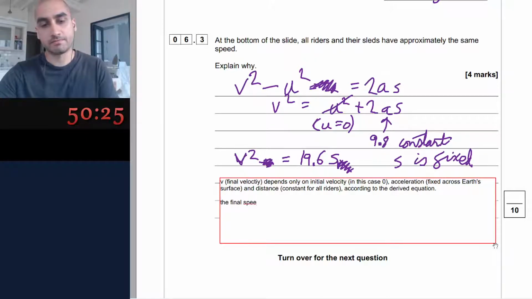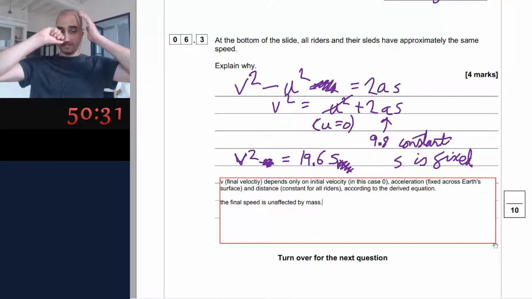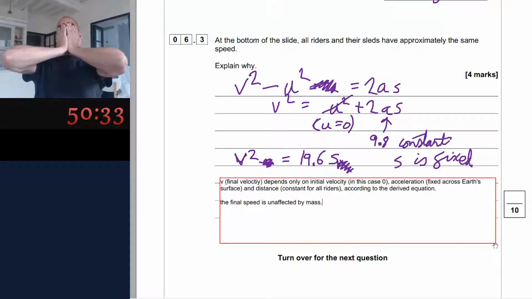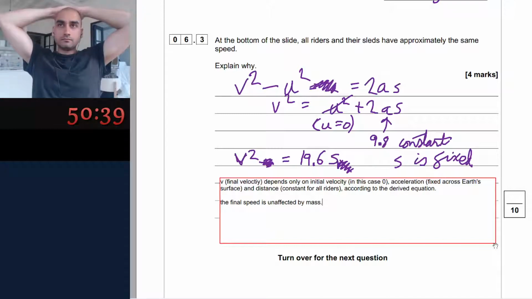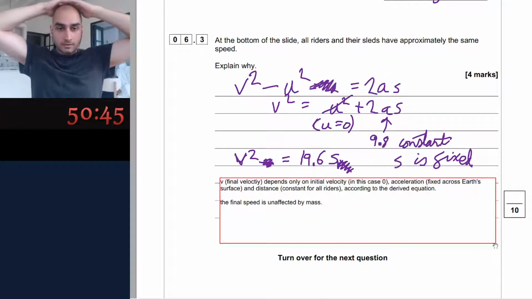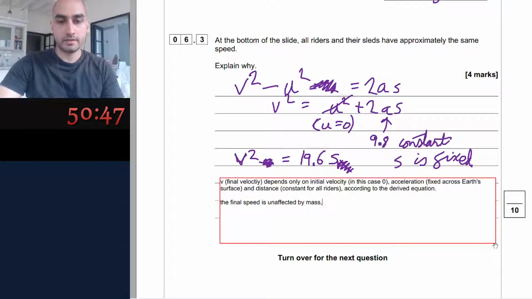The final speed is unaffected by mass. What else can we say? So it should be the same for all riders.